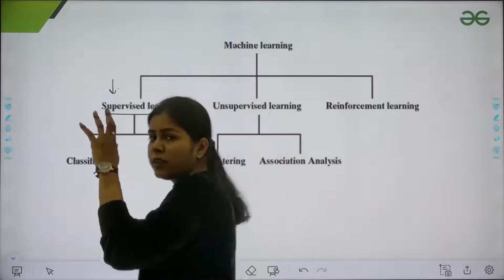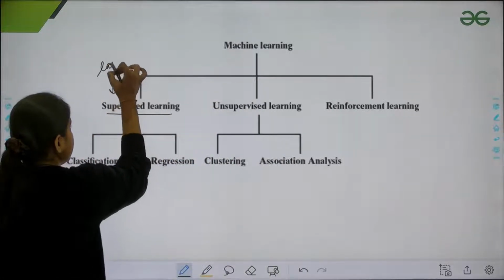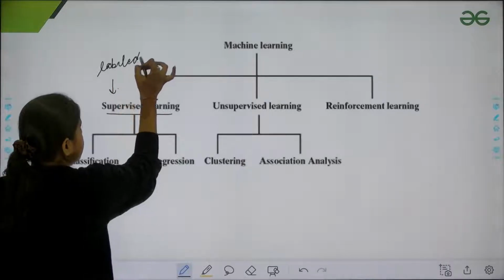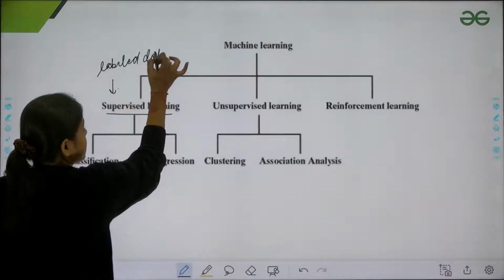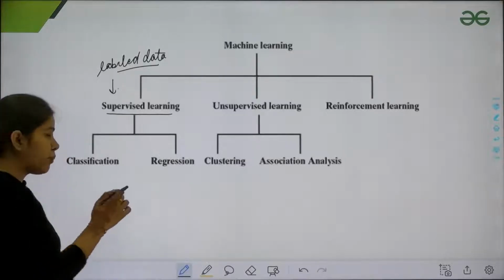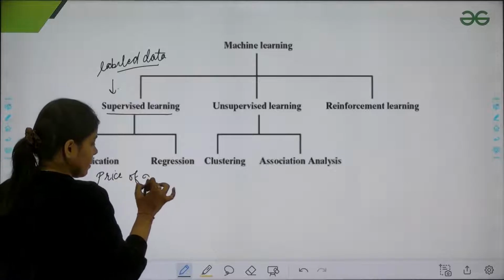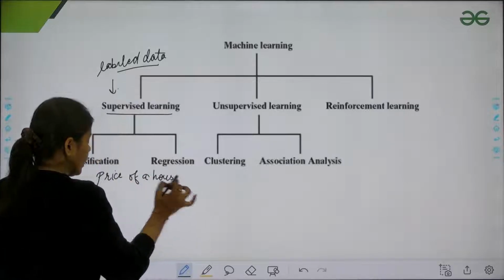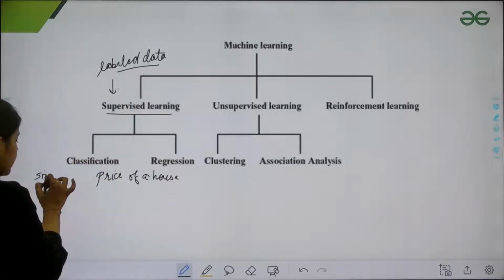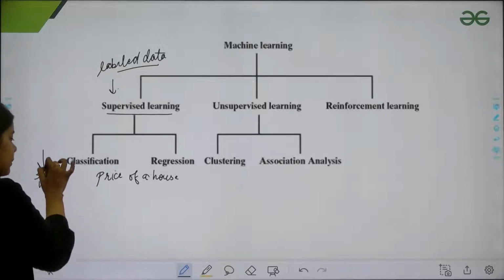Okay, so let me tell you that in supervised learning, we have labeled data. What does labeled data mean? Let's suppose we have taken one example, price of a house. With the help of size of a house, we are predicting the price of a house. So this is my input data.